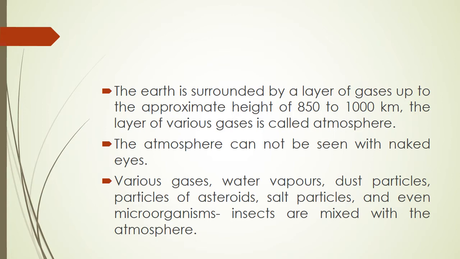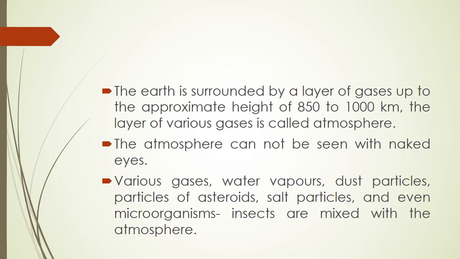Various gases, water vapors, dust particles, particles of asteroids, salt particles, and even microorganisms, insects, are mixed with the atmosphere. So, what is atmosphere made of? It is basically made up of gases, but along with different gases, water vapor, dust particles, particles of asteroids.